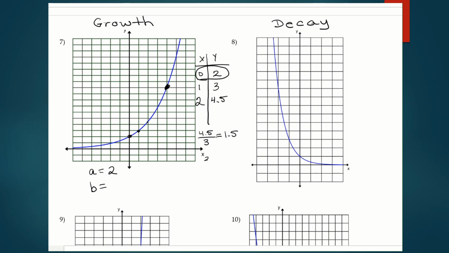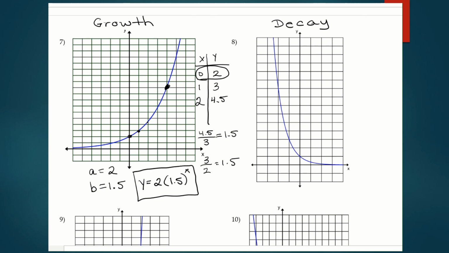Same thing if I go 3 divided by 2, I get 1.5. So now that clearly tells me my B value is 1.5. I'm multiplying by 1.5 to get from one term to the next. All right, knowing A and B, I can go ahead and write this equation, filling in those key pieces along with my variables X and Y.